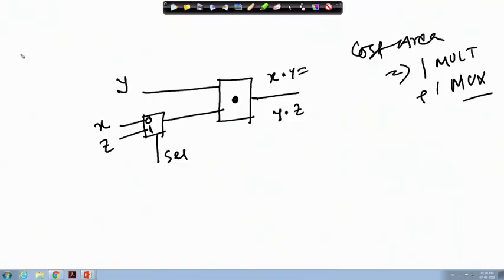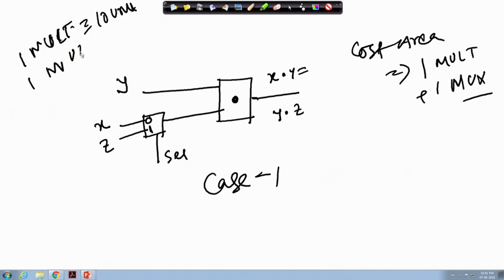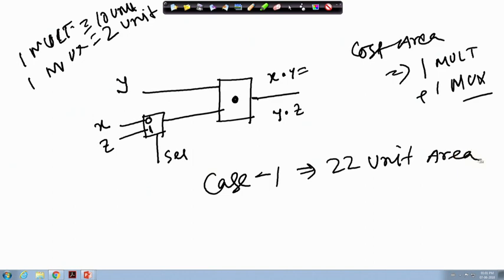So if one multiplier cost is, let us say, 10 units, and one multiplexer consumes 2 units of area, then for case 1 I need 22 units of area. For case 2, sorry, not 12, that was 14: 2 multiplexers and 1 multiplier, 14 units of area.